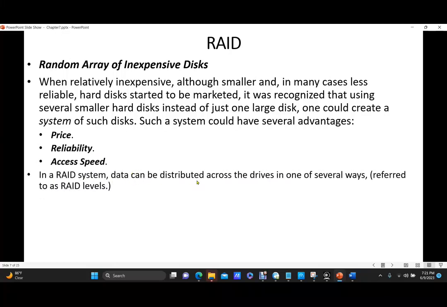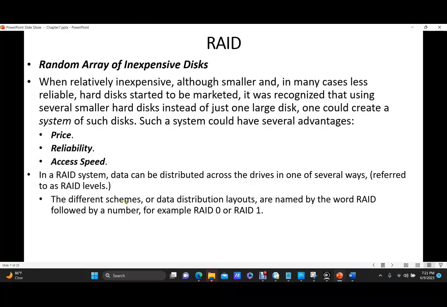In a RAID system, you can distribute the data across several drives in several different ways. The different algorithms for distribution are called the RAID levels.